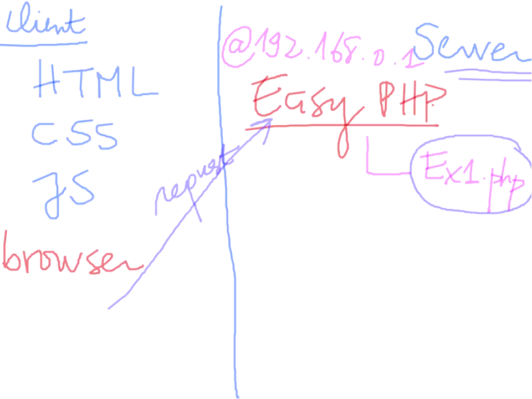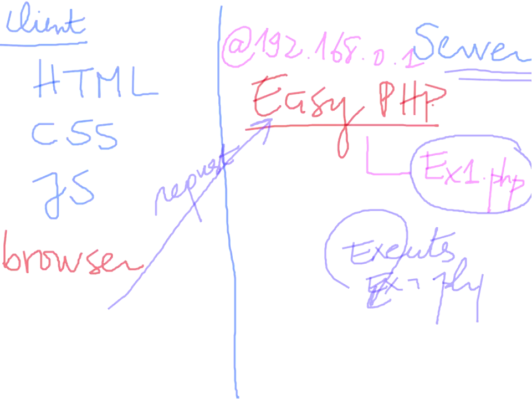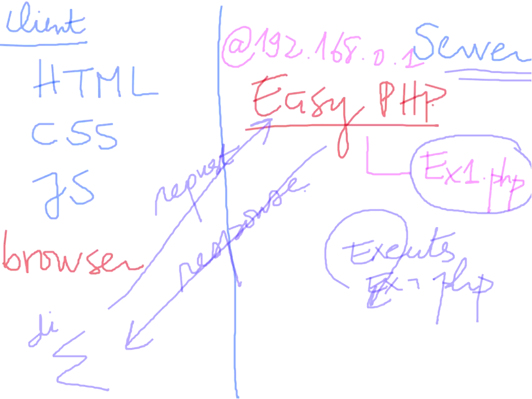So the server executes exercise1.php, prepares a response and sends this response to the browser. And this response is an HTTP response, so the browser displays the response to the user. Okay?